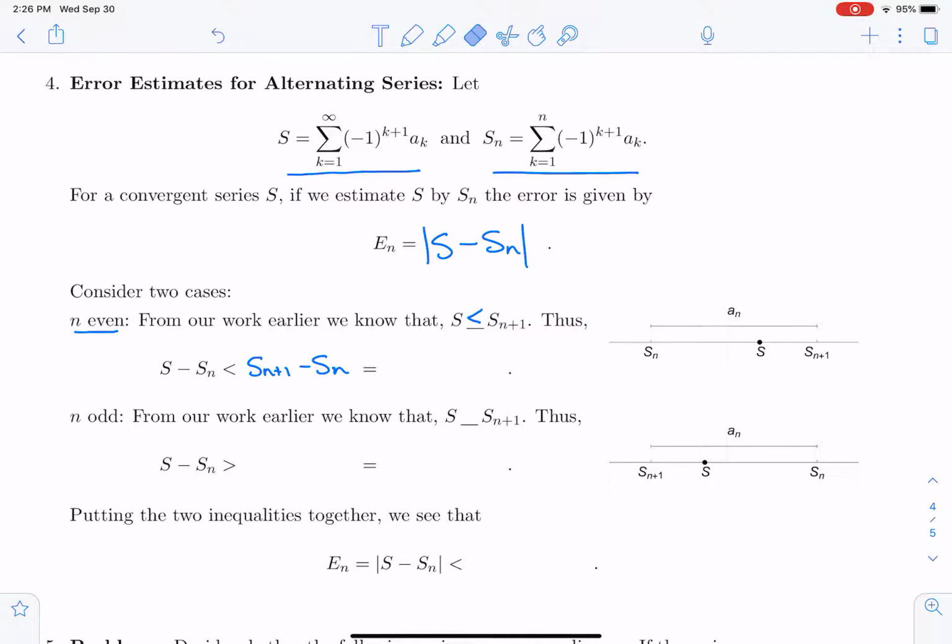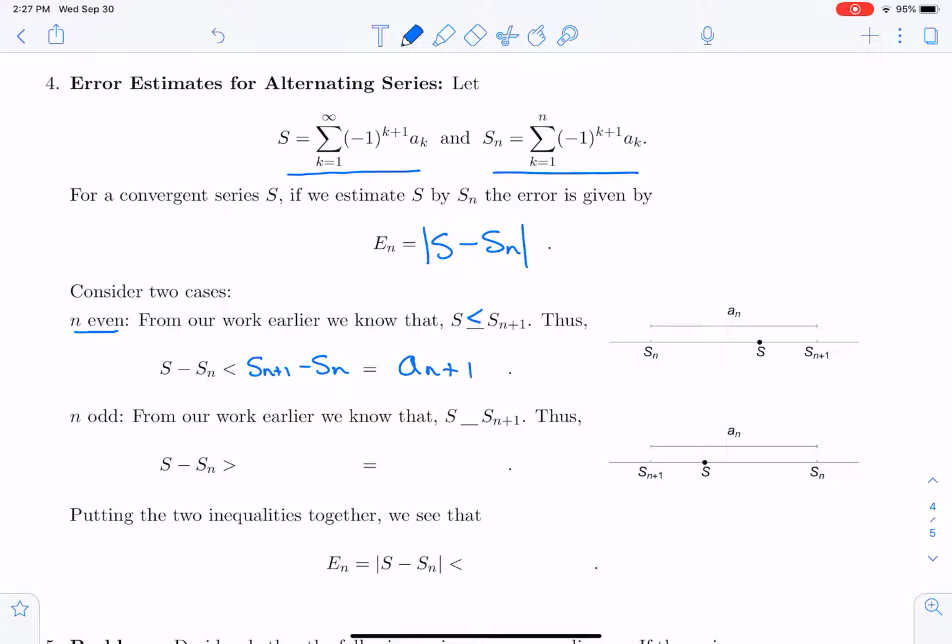But the n plus first partial sum minus the nth partial sum is actually the n plus first term. And so here we can see that S minus S sub n is less than a sub n plus 1, the n plus first term. Here we should note that in this case, when n is even, the n plus first term is going to be positive.